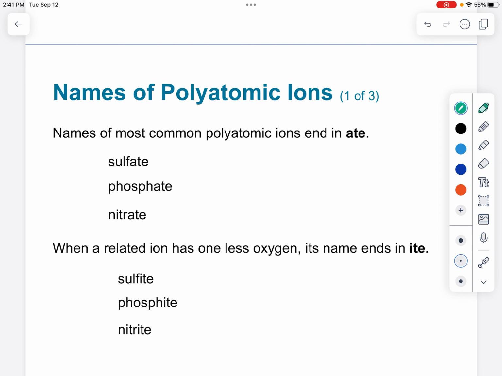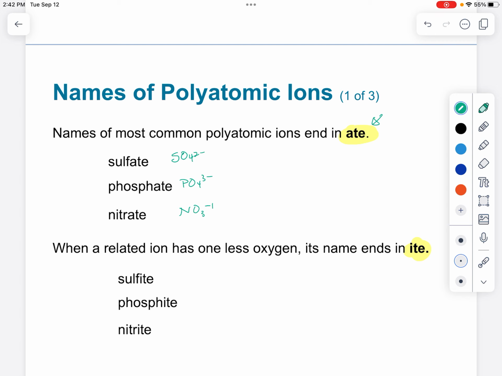So the most common ones generally have an ending of ATE: SO4 2-, PO4 3-, NO3 1-. Now, one thing that's really going to help you is that if you can remember all of the ATE polyatomic ions, if you take away one oxygen and keep the same charge, you have the ITE version of that polyatomic ion.